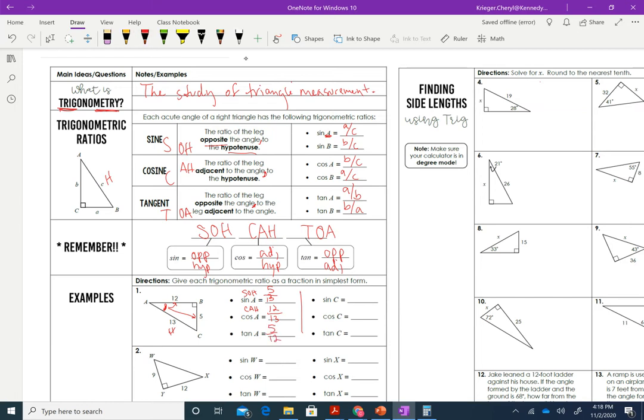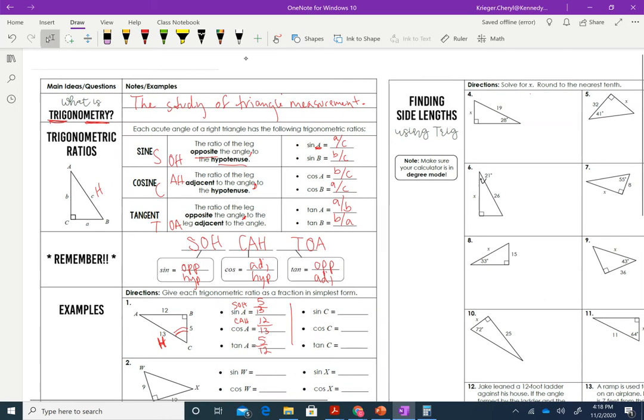All right, so we're half done with number 1. The 13 stays as the hypotenuse because the hypotenuse doesn't change. Only the opposite and the adjacent change. Now we're referencing angle C. For angle C, opposite is now 12, so 12 over hypotenuse, 13.